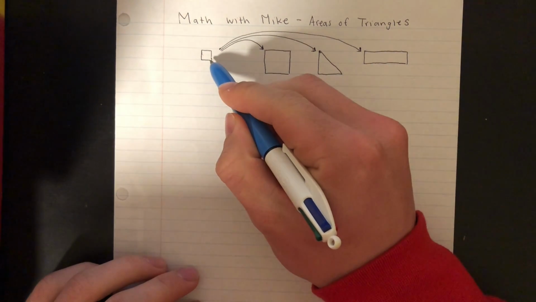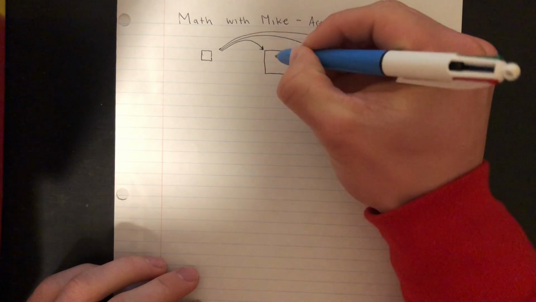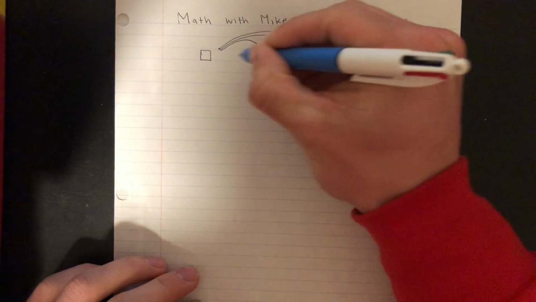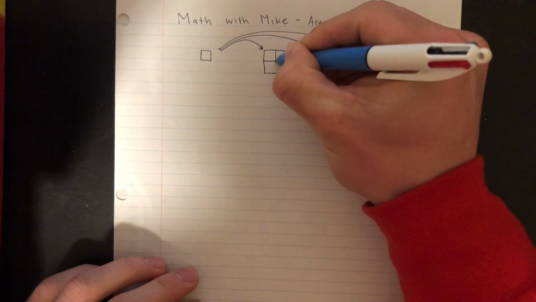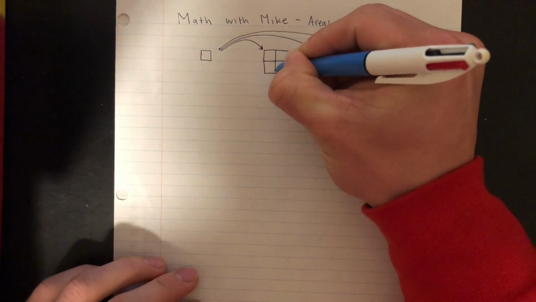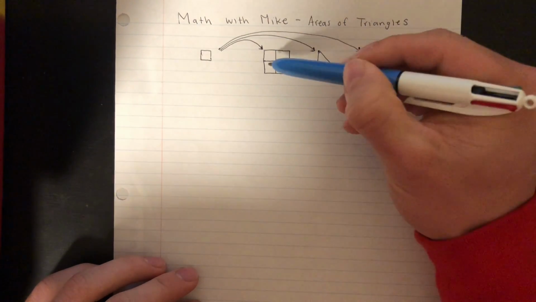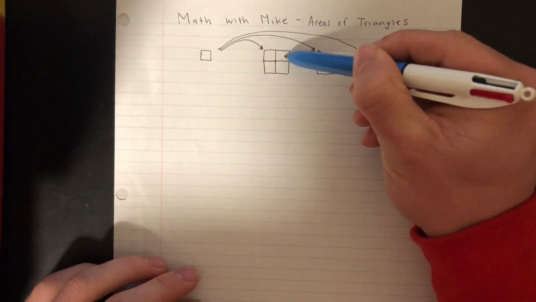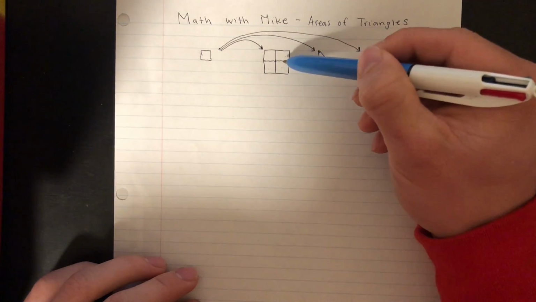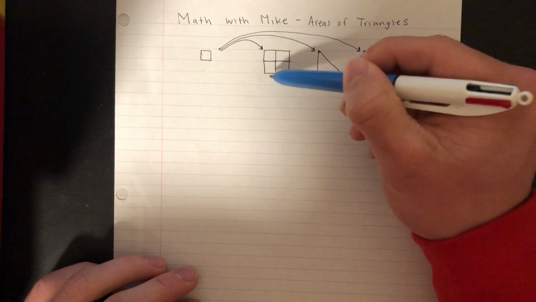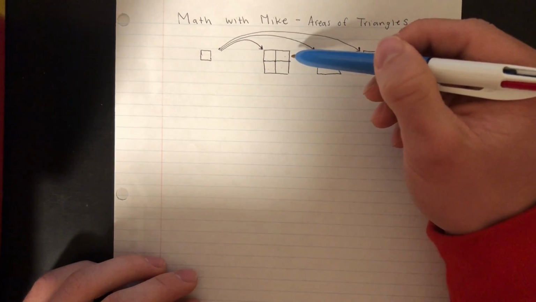If this square is 1 square unit of area, by drawing 4 of these little squares inside of this big square, we can simply count them up and assume that there are 4 square units inside of this bigger square, meaning that the area of this big square is 4.